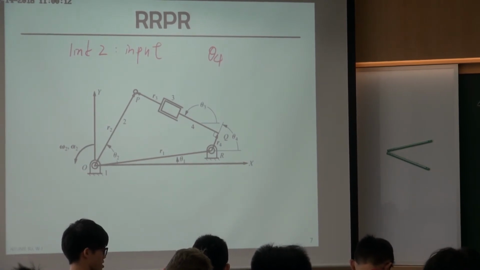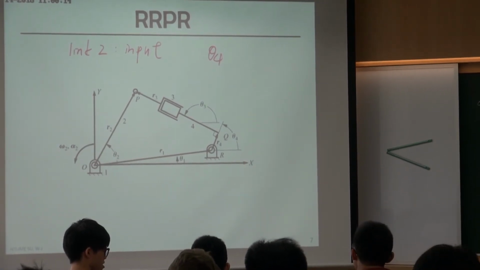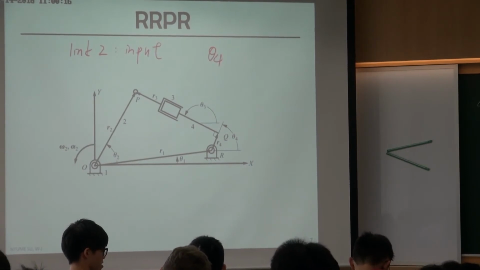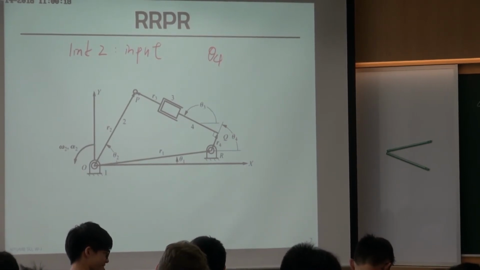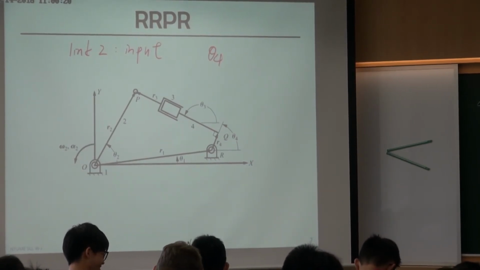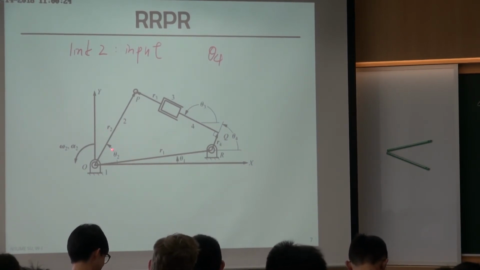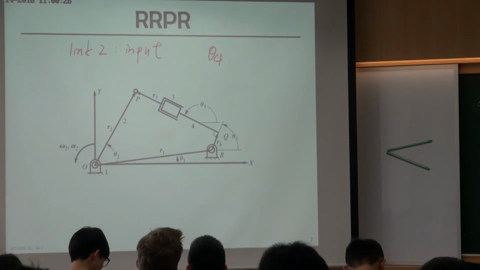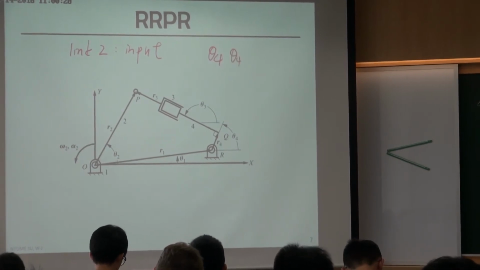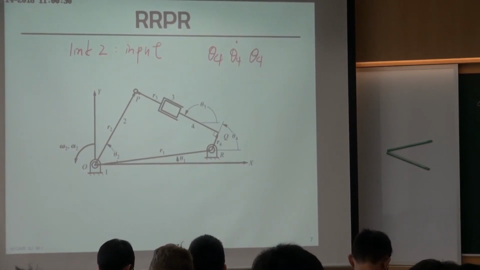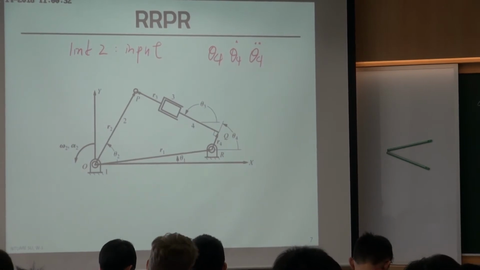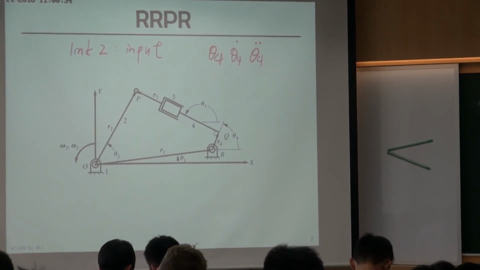So the unknowns are theta 4, theta 4 dot, and theta 4 double dot: position, velocity, and acceleration.